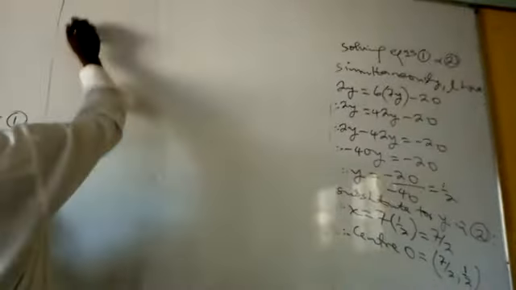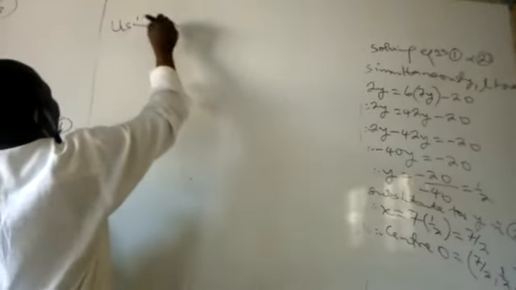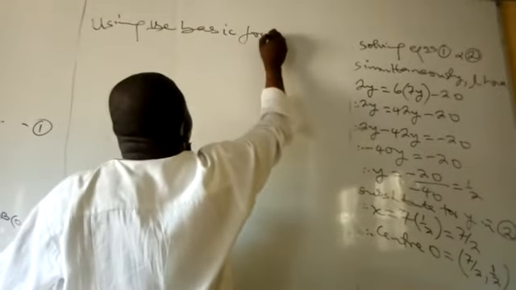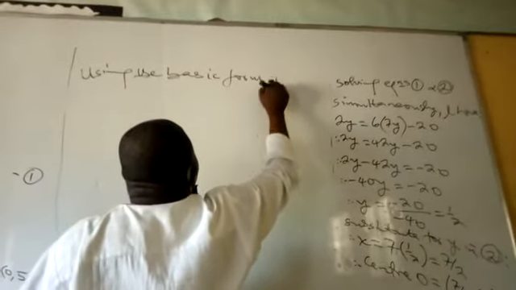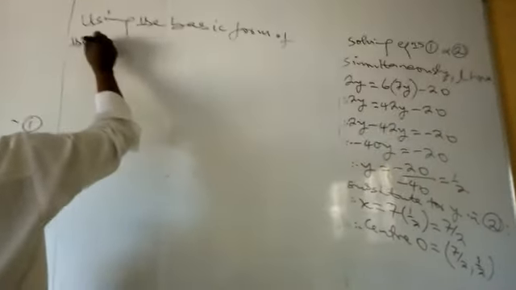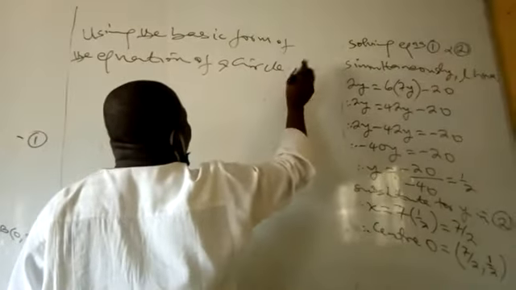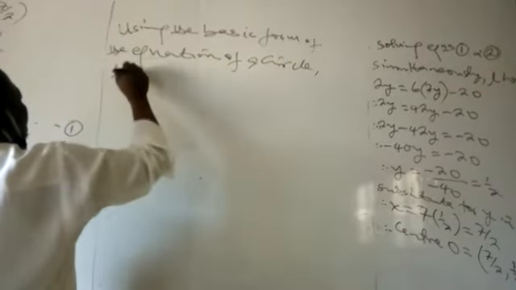So, using the basic form of the equation of a circle, I have x minus a, where a in this case is 7 over 2.